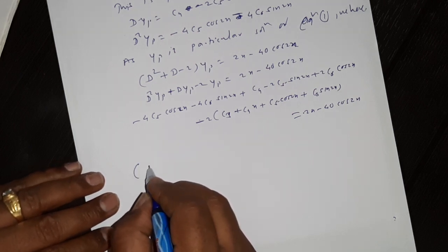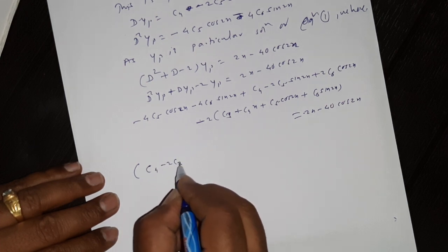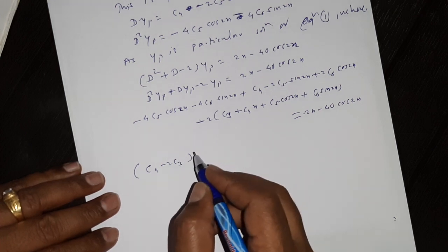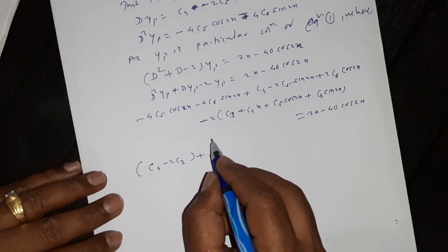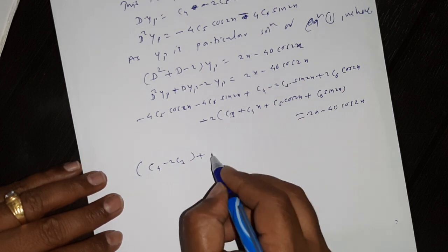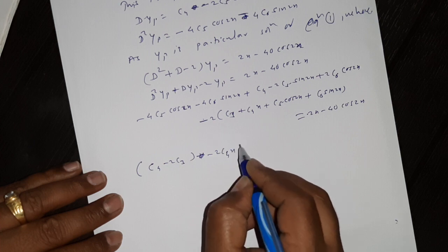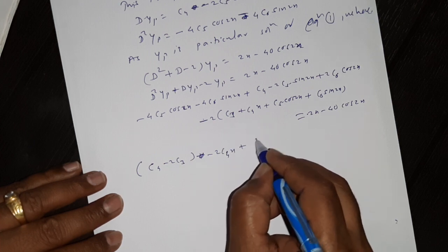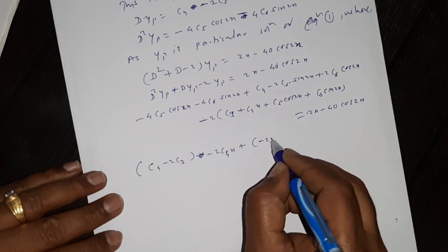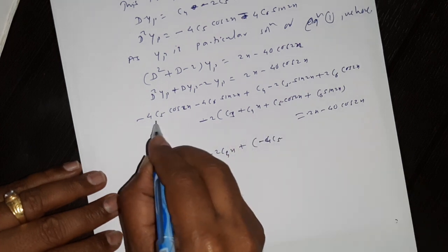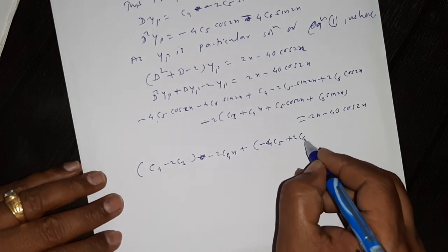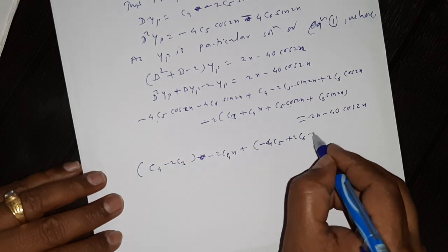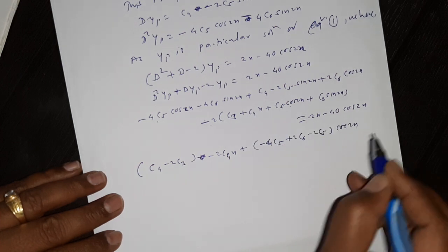So we have c4 minus 2 c3, this is the constant coefficient, plus the coefficient of x, minus 2 c4x, then the coefficient of cos 2x, minus 4 c5, this term, then plus 2 c6, and this minus 2 c5 cos 2x, the coefficient of cos 2x.